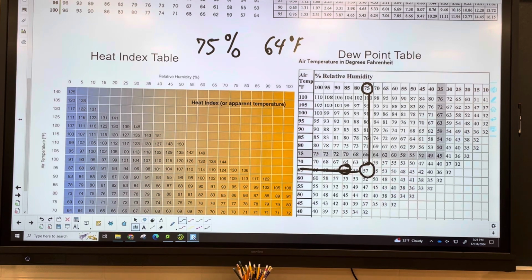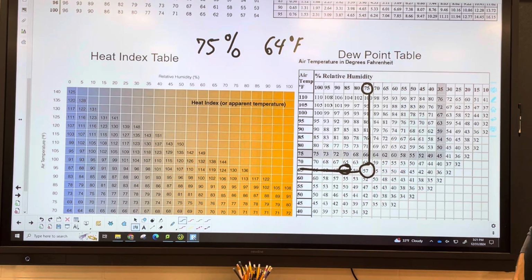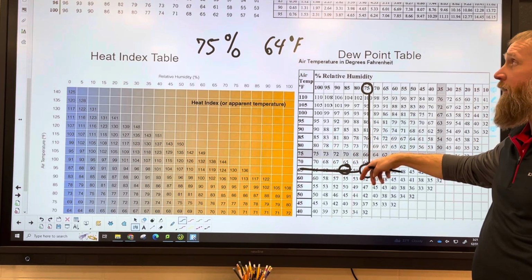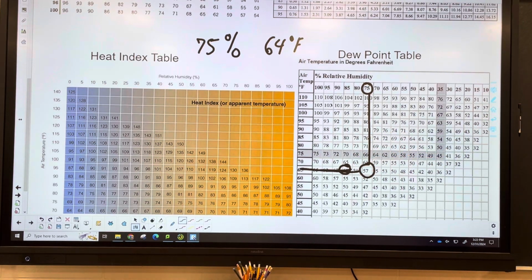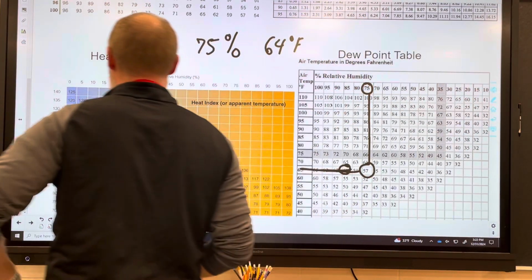So dew point is going to be 57 degrees Fahrenheit. At 57 degrees Fahrenheit, that's when it's going to be full. If the temperature lowered, it would be at 100% with that amount of water. That's what that means. So 57 would be our second answer, for dew point.